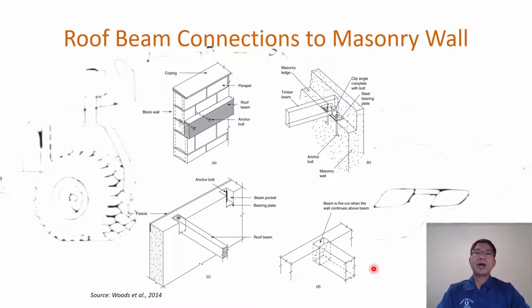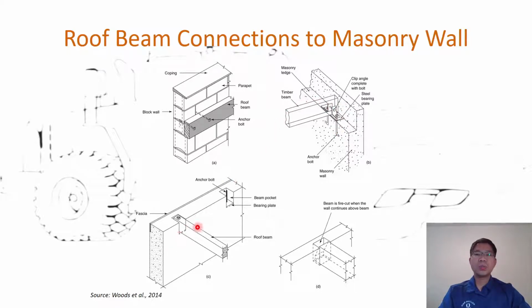And timber beams also connect to the masonry wall, and how does that work? If it goes parallel to the wall, you can use the anchor bolt, as you can see here, or if perpendicular to the wall, then it can have the anchor bolt in the masonry wall, and then you can use the bolt to connect that to the beam.